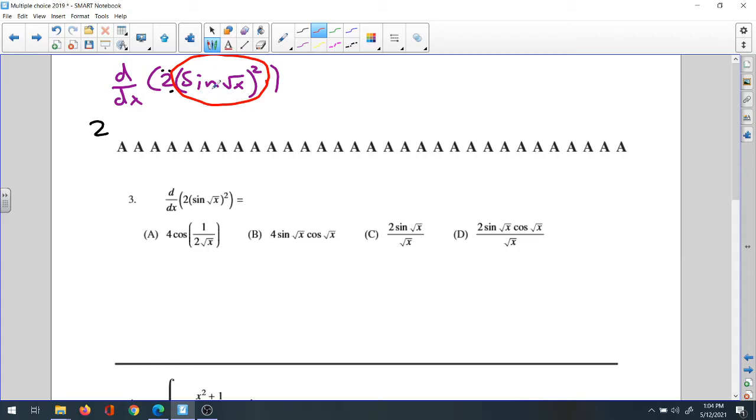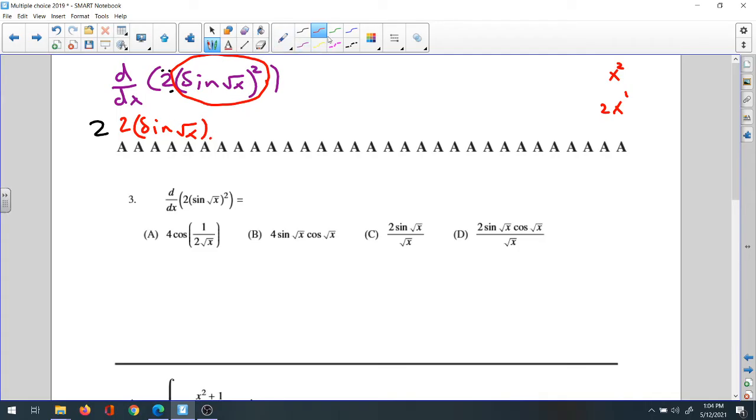Don't look at this now. Just look at the square. As we do the derivative of x squared, you drop 2 in front and keep x, and then 2 minus 1 is 1. We do the same here. Just drop 2 in front and then keep sine square root of x. Don't touch it yet. And then 2 minus 1 is 1.